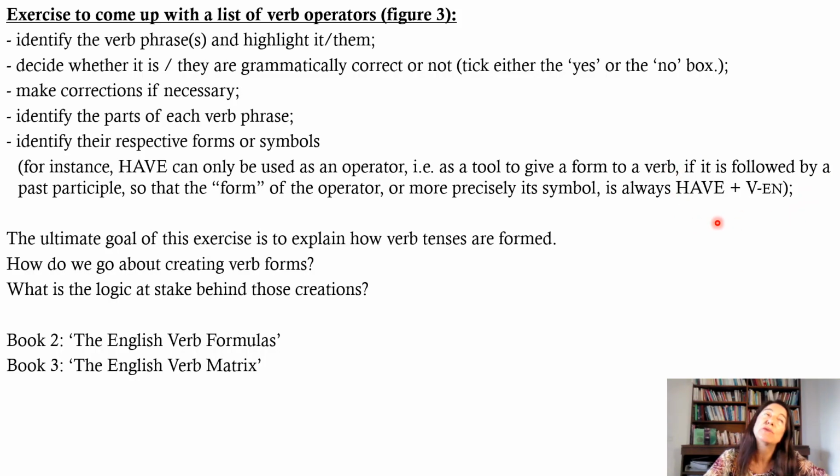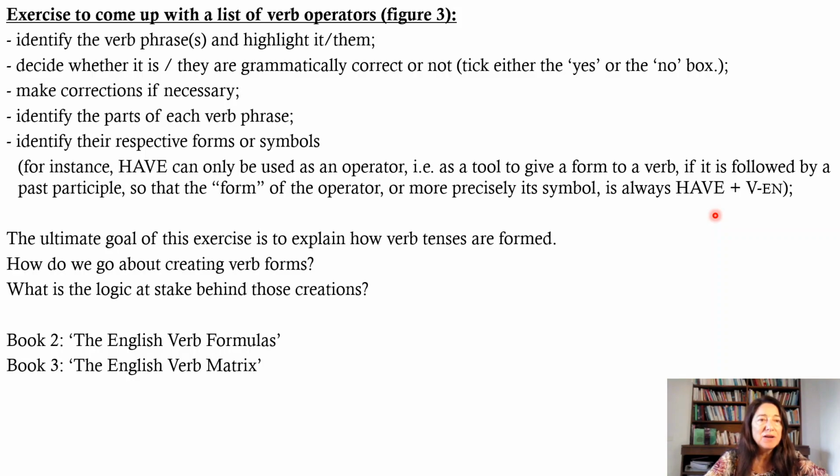Okay, so you can create the sentence, I have seen her, for instance, in which you use VEN, the past participle, seen, but you can't use it alone. You need to associate it with have. I have seen her. Okay?